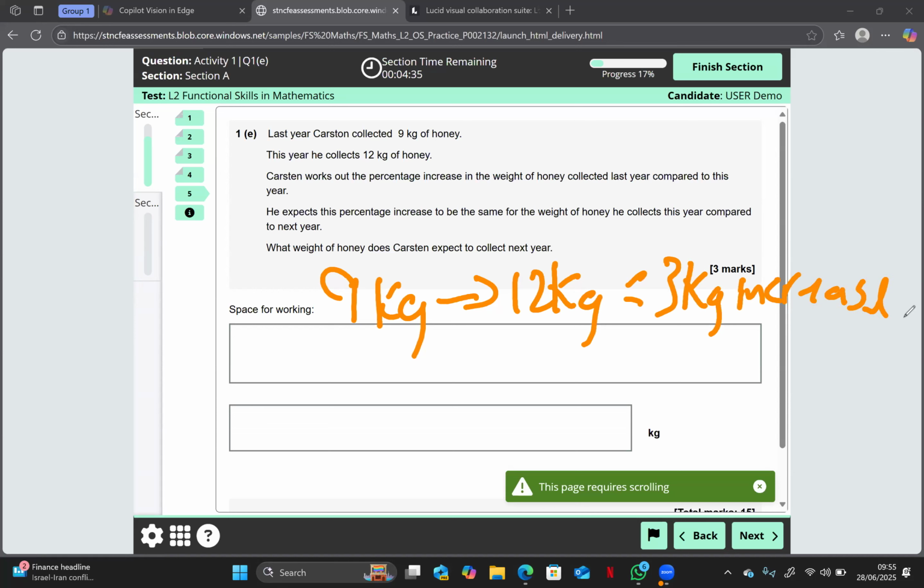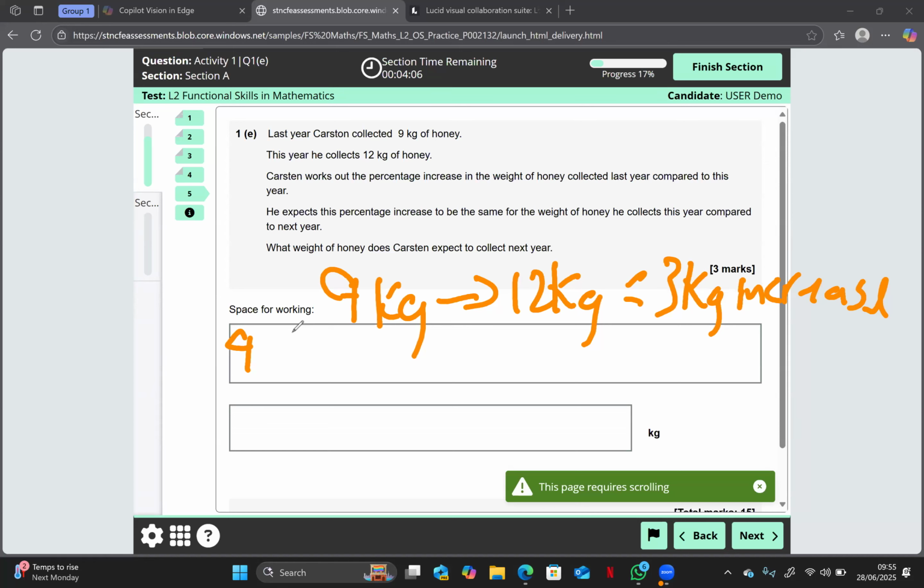Now, what percentage increase is that? So out of 9k, if we work out what that is, it's a 33% increase, because 10% of 9 is 90.